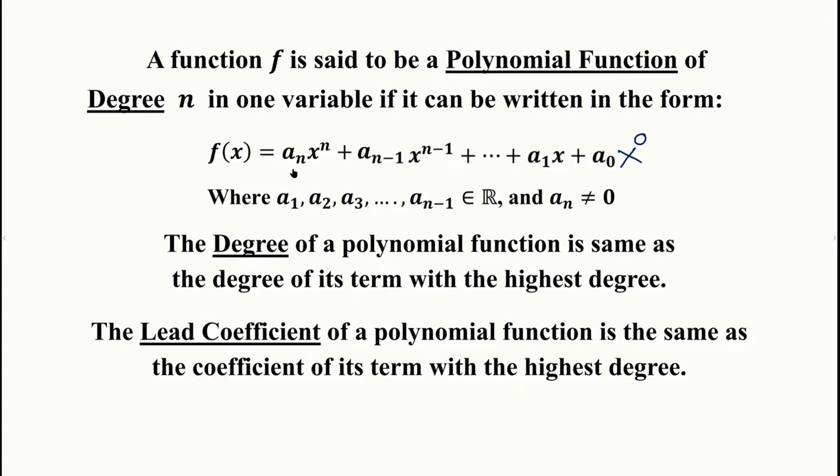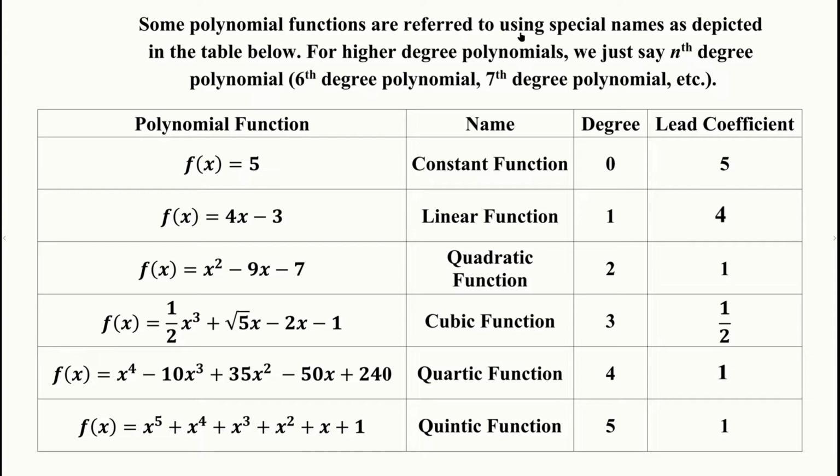And again, the numbers that are multiplied by the powers of x are called coefficients, and the coefficient of the highest degree term is called the lead coefficient. Some polynomial functions are referred to using special names as depicted in this table, and for higher degree polynomials we usually just say nth degree polynomial, such as 6th degree polynomial, 7th degree polynomial, etc.